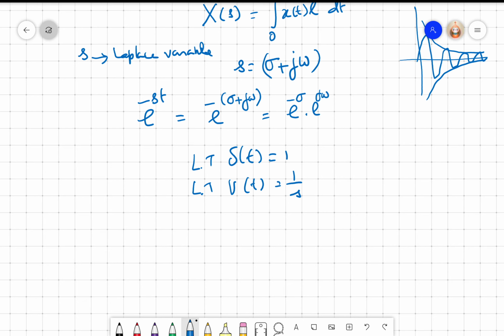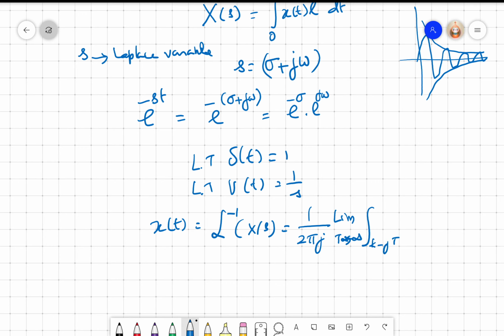So I can now say x of t is the Laplace inverse of x of s, which is given by 1 by 2 pi j into the limit t tending to infinity, integral from k minus jt to k plus jt of x of s into e power st ds.